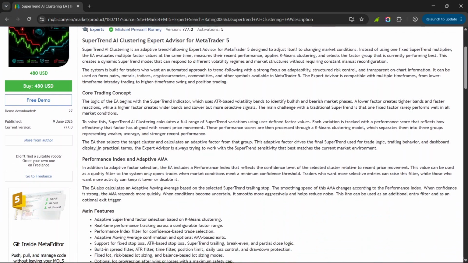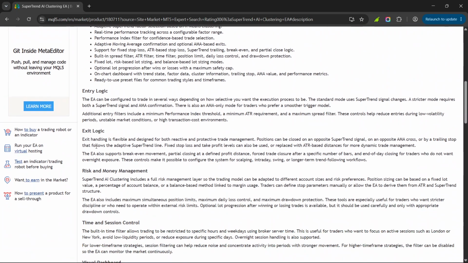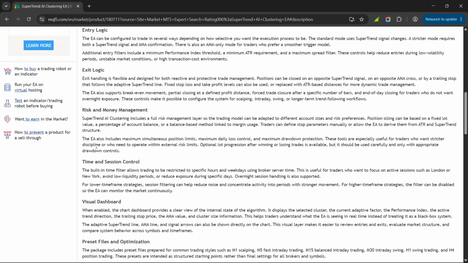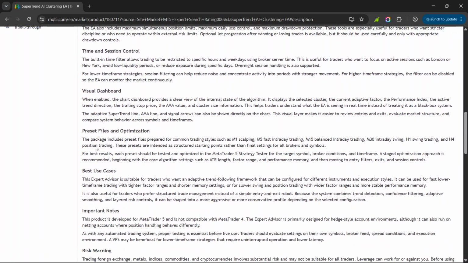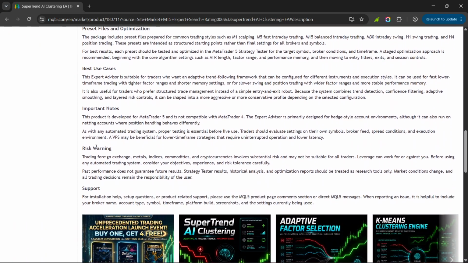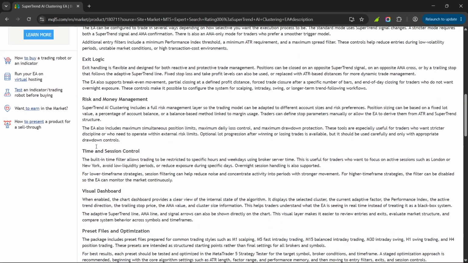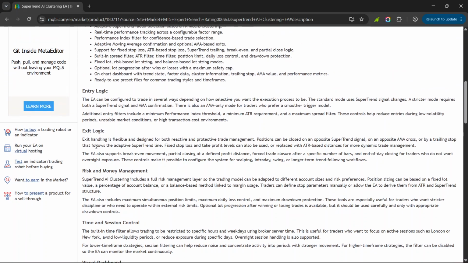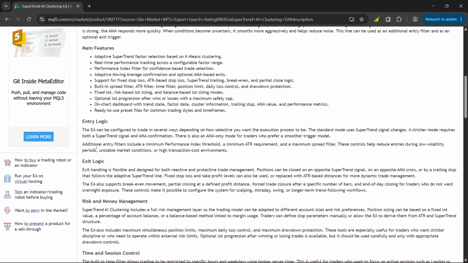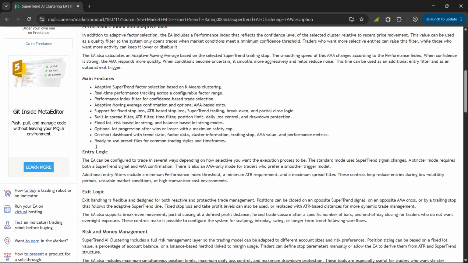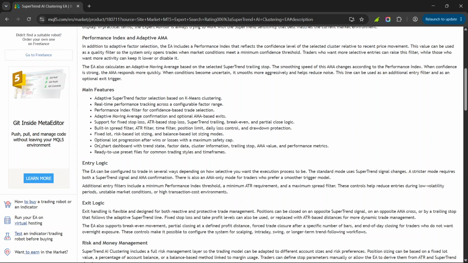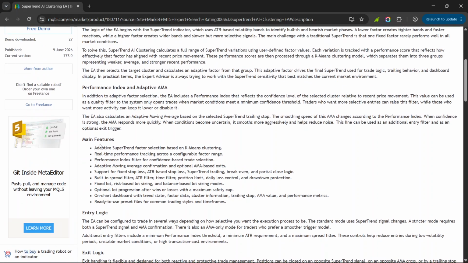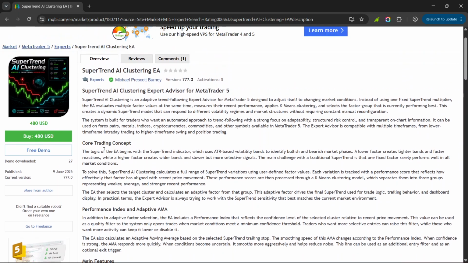According to the developer, this EA solves that by calculating a whole range of SuperTrend variations with different factor values. It tracks how each one has been performing recently, scores them based on alignment with price action, then runs K-means clustering to group them into weaker, average, and stronger performance clusters.